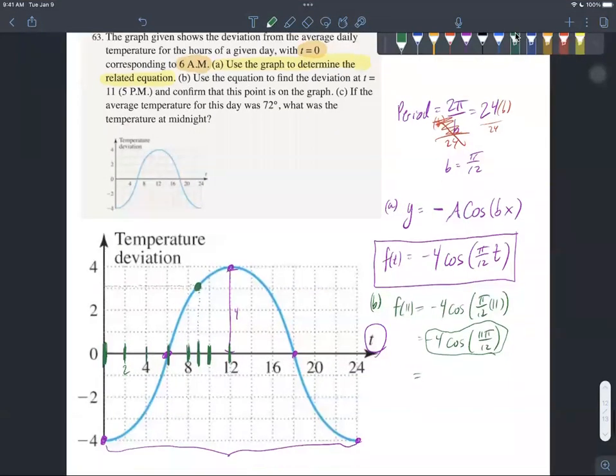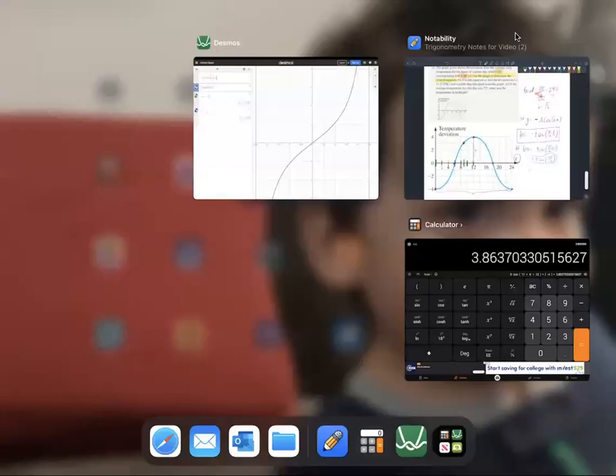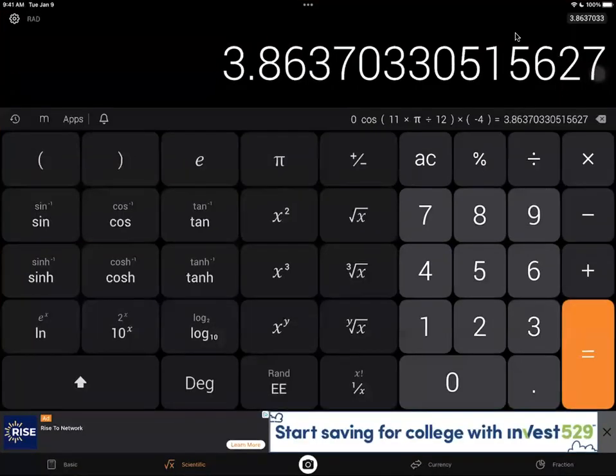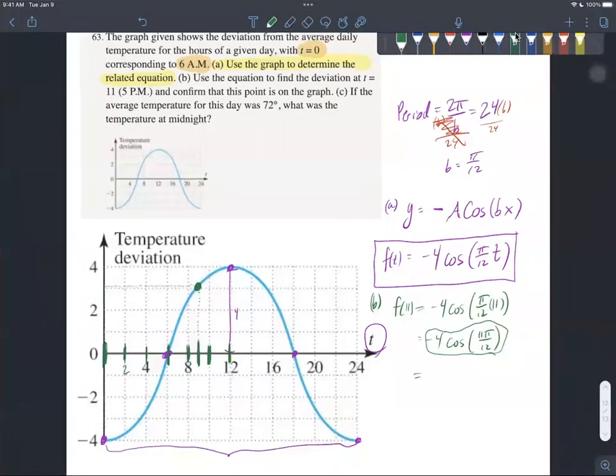And so if we double check the graph again, 3.86, whatever that was, 3.867. And I'm seeing here, it looks like I might have even marked it wrong on this chart.